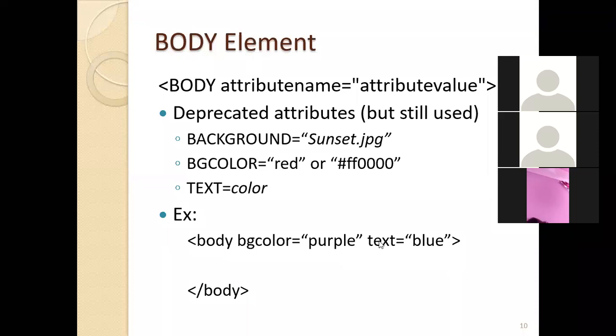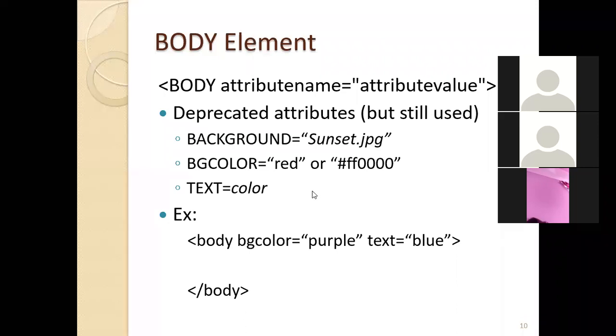And for the text color, if you want to show blue, then you add text equals blue. Doing this, you now have a purple page background and blue text color. If you want to show images instead of the bgcolor, you need to use background, then the name of your image, let's say image name.jpg. So this is how you can follow.